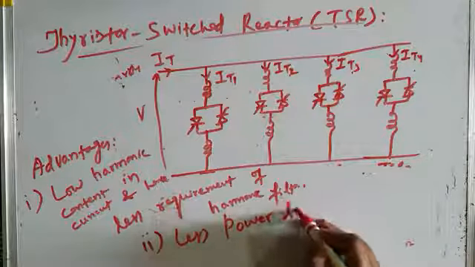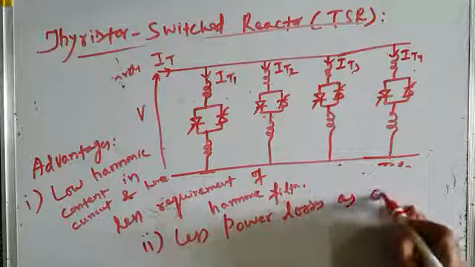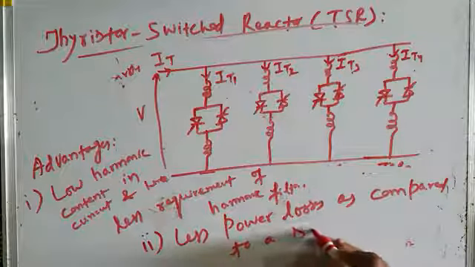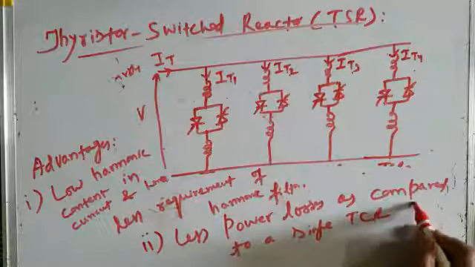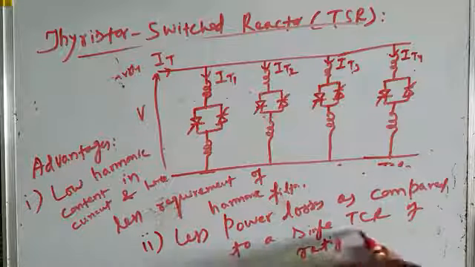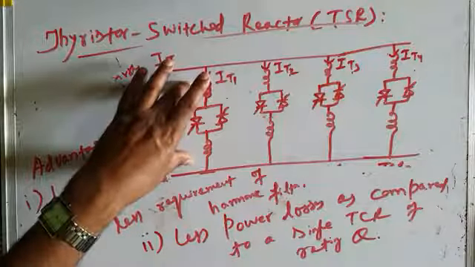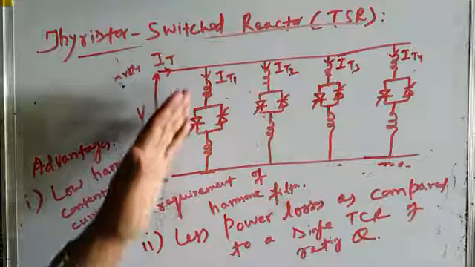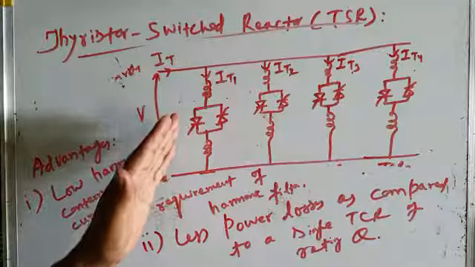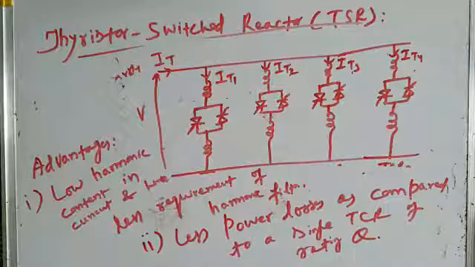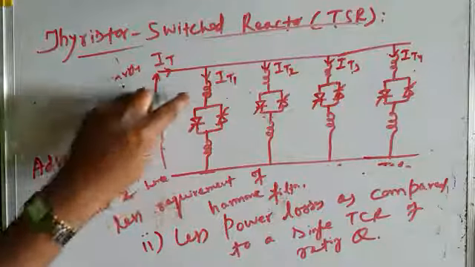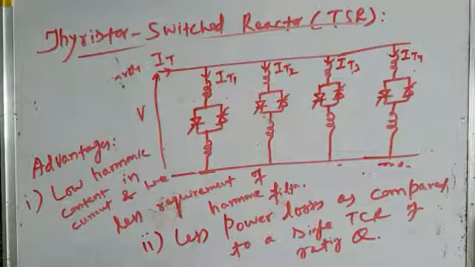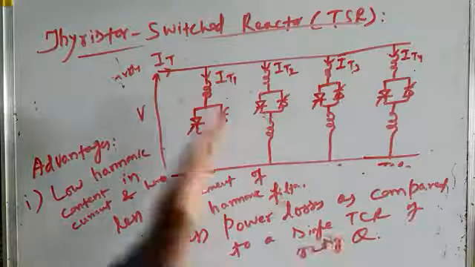Segmented TCR has less power losses as compared to a single TCR of rating Q. If I am using a single TCR of rating Q, it will have more losses because in addition to the fundamental component of current, since the current drawn by it is discontinuous, distorted, it will be drawing harmonic components of currents also, and harmonic components of currents will result in additional eddy current losses in the inductor cores. Okay, so the losses will be higher if a single TCR is used.